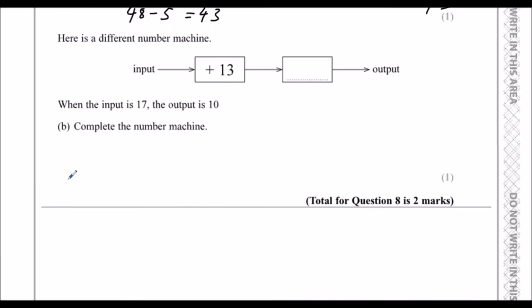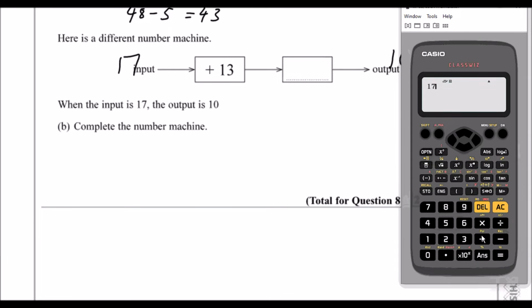Here is a different number machine. So we're putting a number in, we're adding 13, and then we're going to do something else to get the number out. So when the input is 17, the output is 10, complete the number machine. So 17 plus 13 is 30.